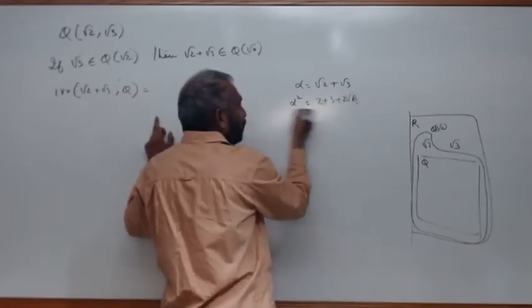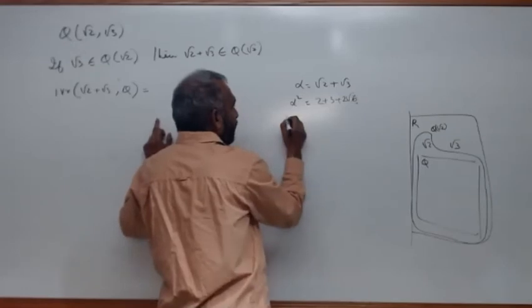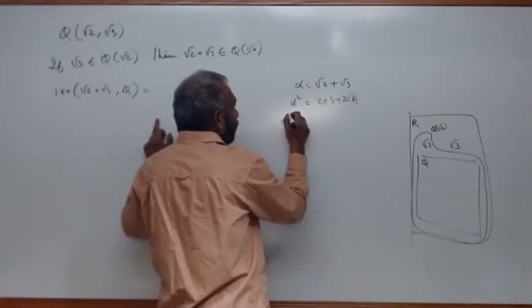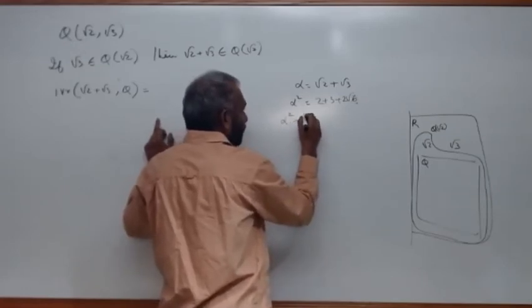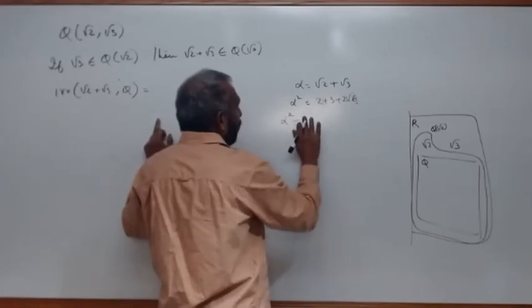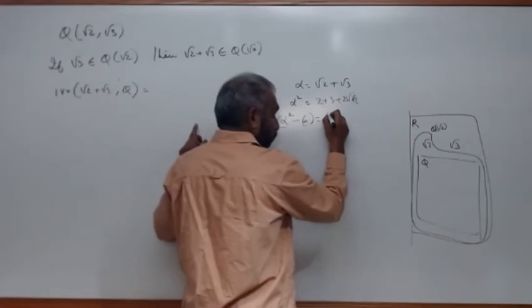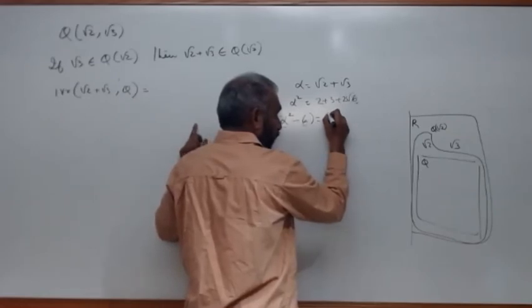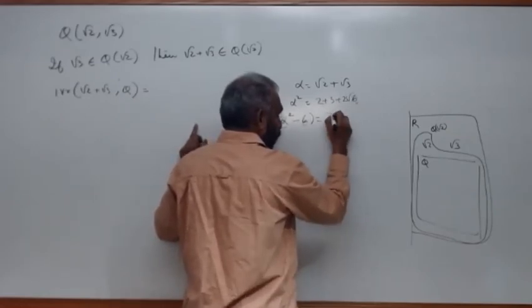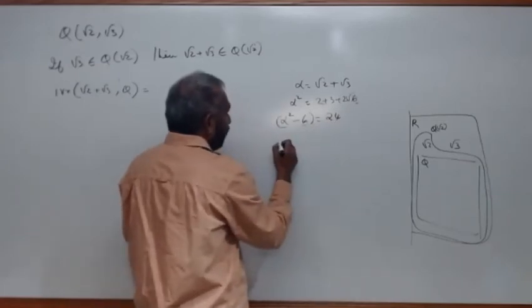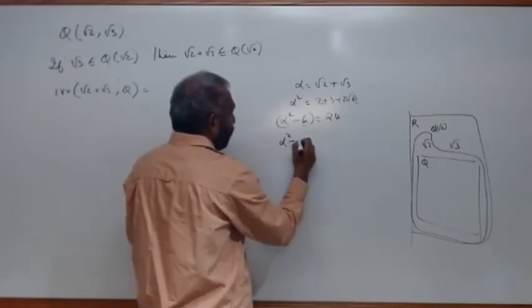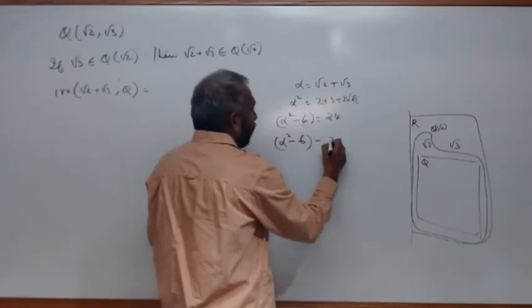Then again you take this element here, square minus 5, minus 5 is equal to 2 root 6, squaring gives 4 times 6, 24. So the irreducible polynomial will be x to the fourth minus 10x squared plus 1, that is, after squaring, minus 24.